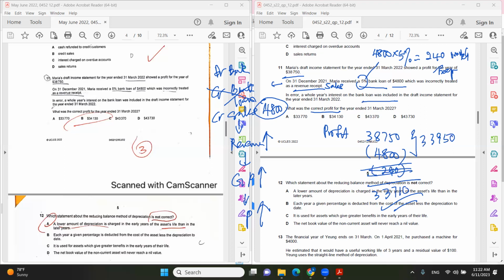There is a mistake. Let me count one more time. In error, a whole year interest on the bank loan was included in the drafted. They mean they treat this one as an income. If this is the income they treated, I need to minus twice.